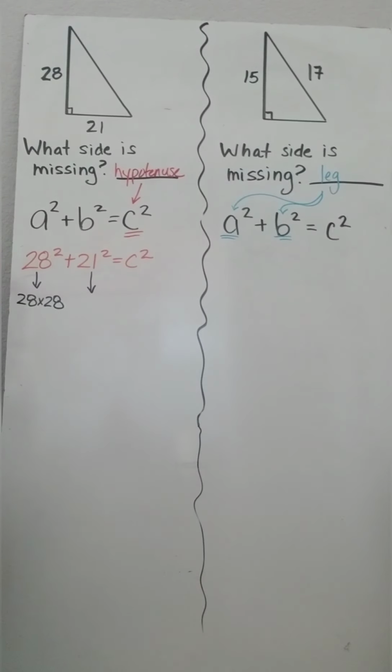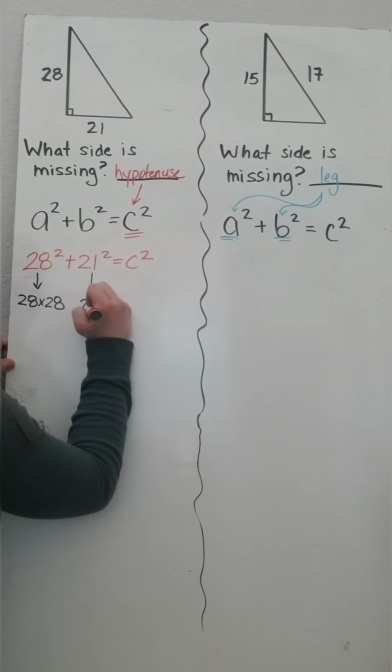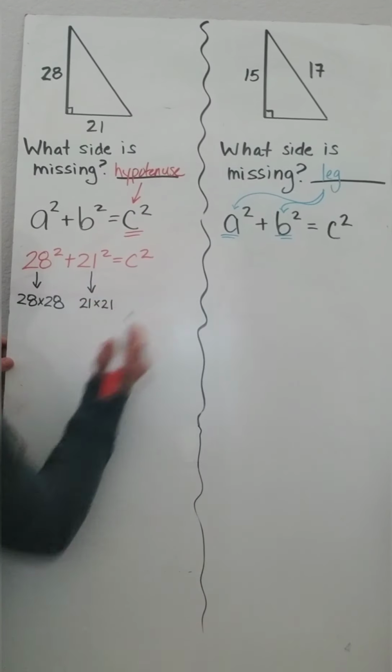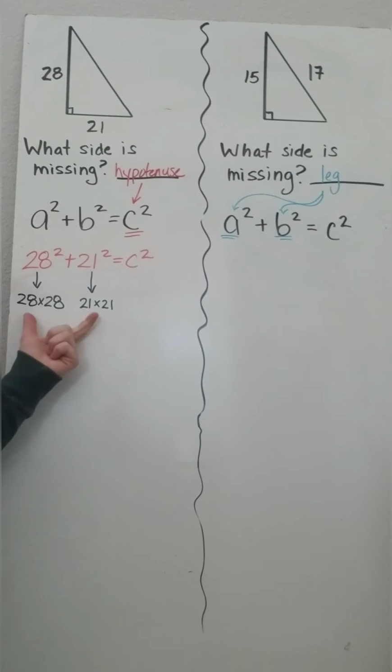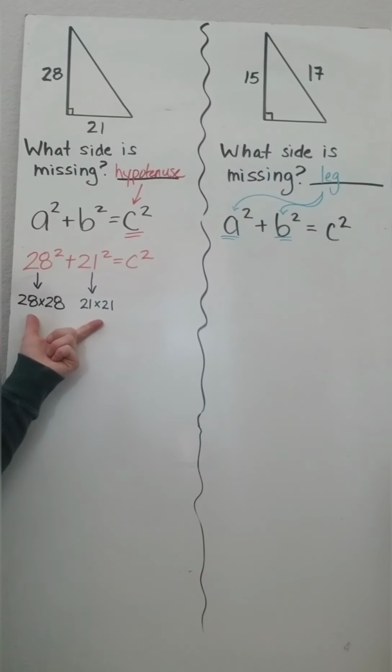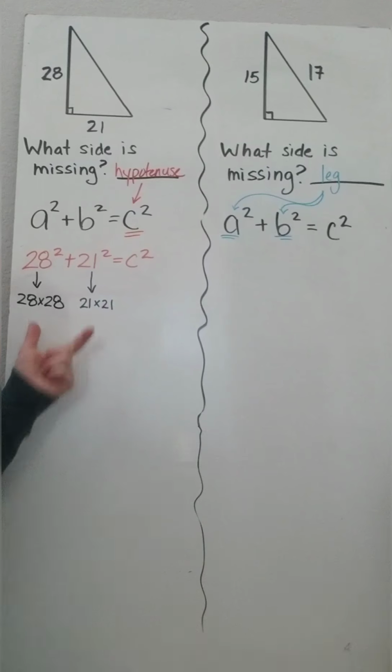You're multiplying 21 by itself 2 times. So we're going to do 21 times 21. You can also use the squared button in your calculator. Either way, just make sure that you're not multiplying 28 by 2 or multiplying 21 by 2. You're squaring it, so it's multiplying by itself twice.